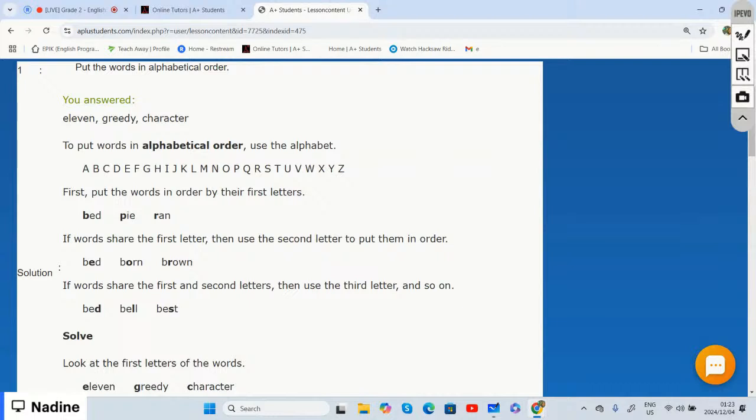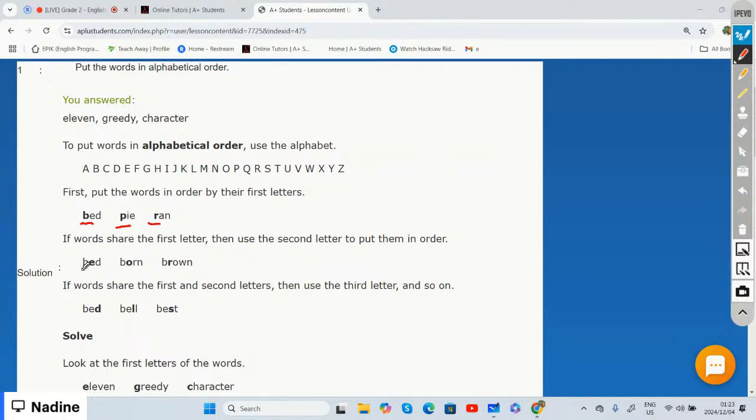And if, for example, our first letters are the same, so if all the first letters are the same, like over here, B, B, and B, then it means that we need to look at the second letter in order to see which one is alphabetical, or which one comes before the other. And remember, it is based on the alphabet.